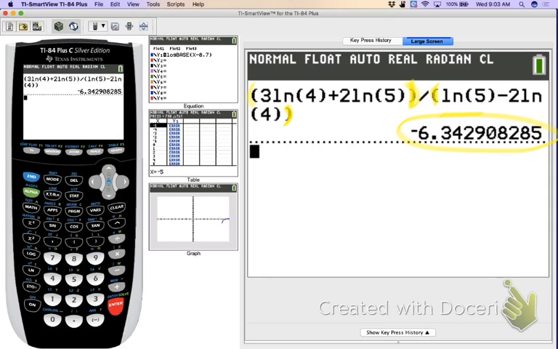But if I really wrote this as 3a plus 2b and then divided by b minus 2a, you could do that just fine. If I said a is the natural log of 4 and b is the natural log of 5, you could do this, I feel like, no problem.